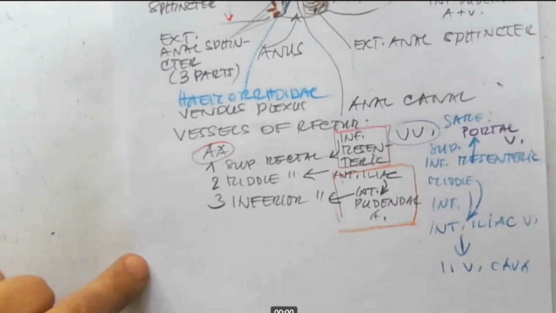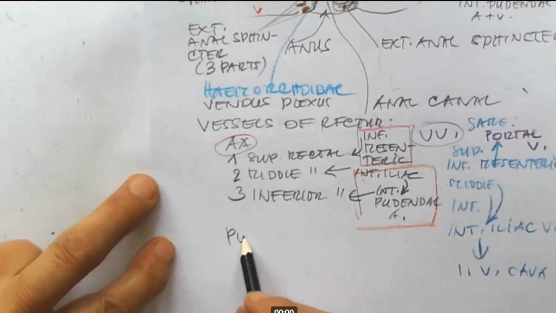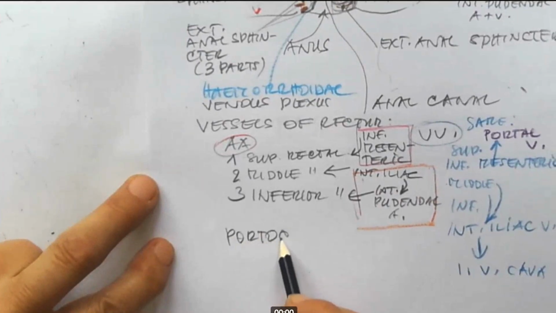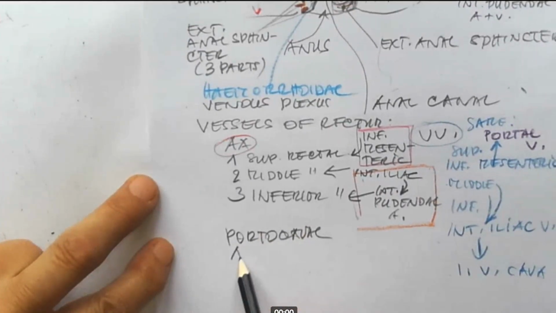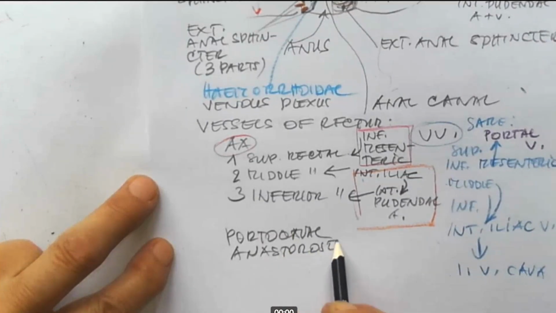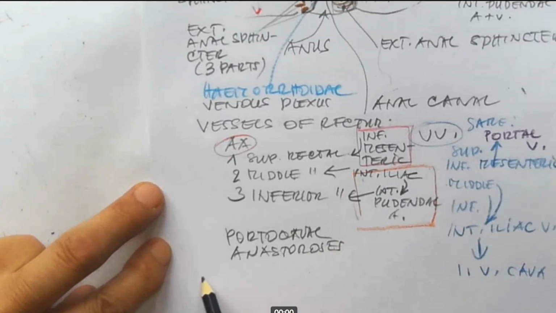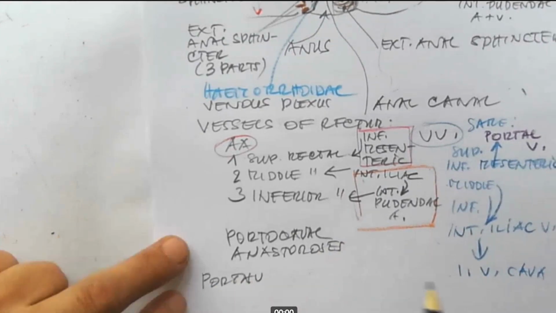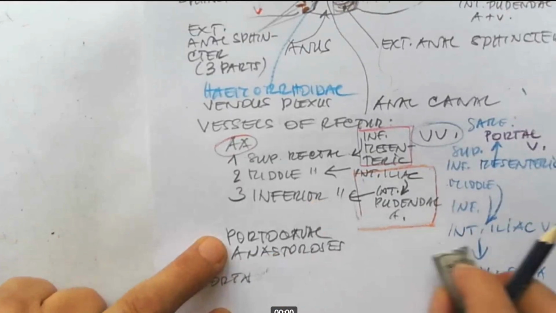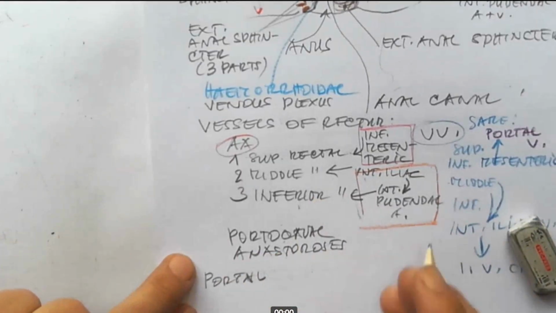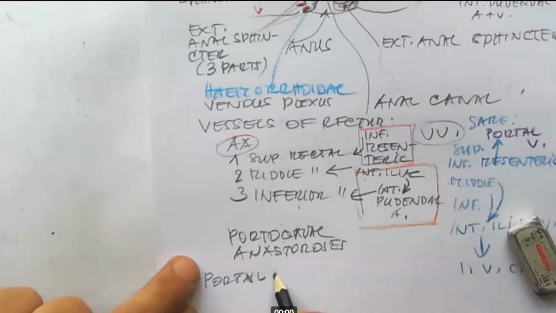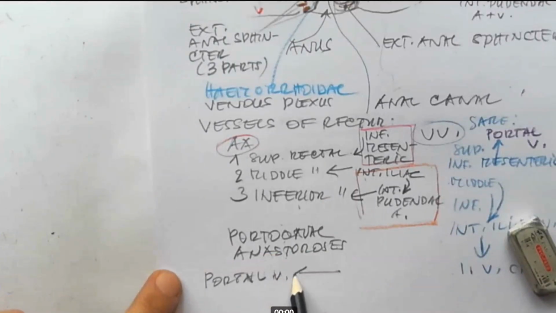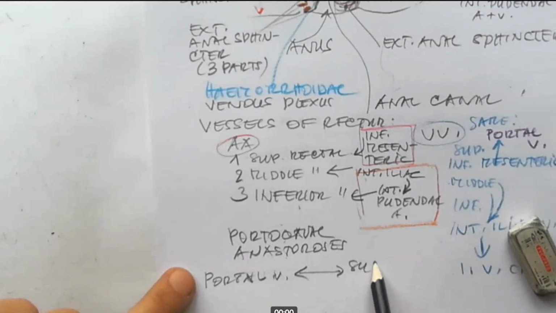So again, we speak about the portocaval anastomosis, because this is the connection between the portal vein and the systemic veins.